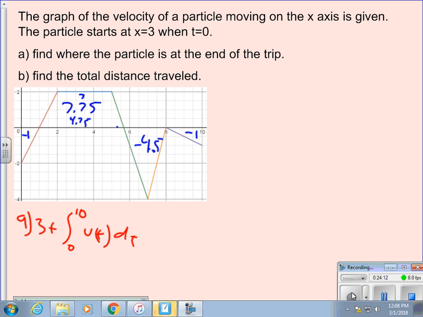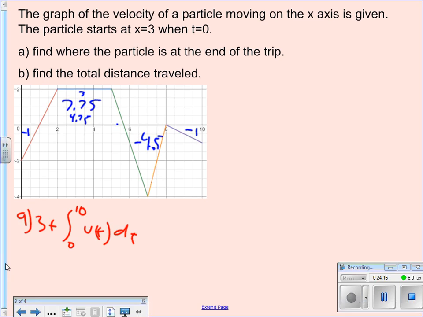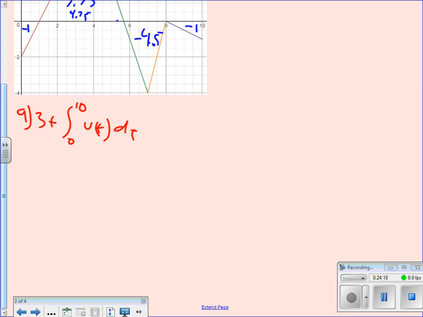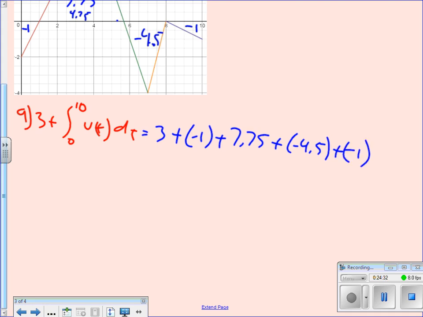So, if I'm trying to solve this particular problem we were discussing earlier, this is 3 plus -1 plus 7.75 plus -4.5 plus -1 again. And you add all those together, and that's where it's at.